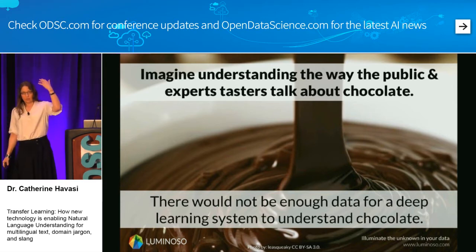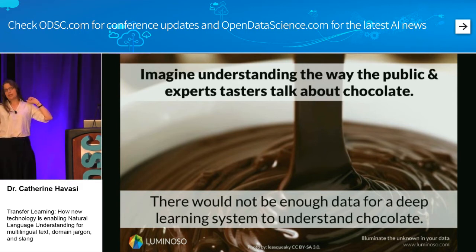If you think about it, what ends up happening when a new chocolate bar goes out in the market, or there's now Kit Kat dark chocolate with white chocolate filling, or whatever is going on, they have expert chocolate tasters taste those, talk about tasting notes, things like that, and then they go out in the street and they get individuals to taste those as well. The language that's created for expert chocolate tasters across every company in the world, for every chocolate bar that's out there, is probably not enough to ever train a deep learning system on chocolate. It's just not enough text that's out there.